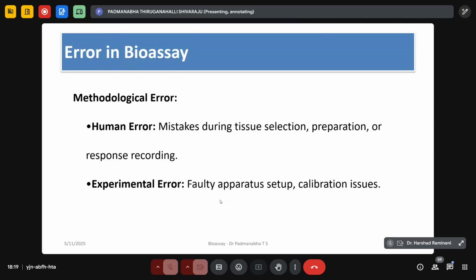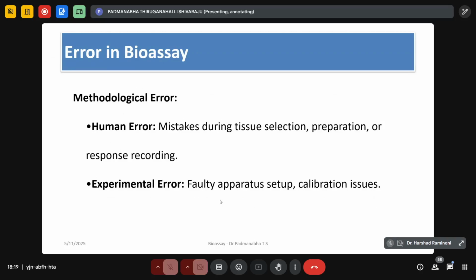Coming to the second variation, apart from biological errors, you can also expect methodological errors. So these are human errors. Mistakes will happen during tissue selection, when you are preparing a tissue for mounting on an organ bath to see the response, and also when you are recording the responses after you mount the tissue in the organ bath.